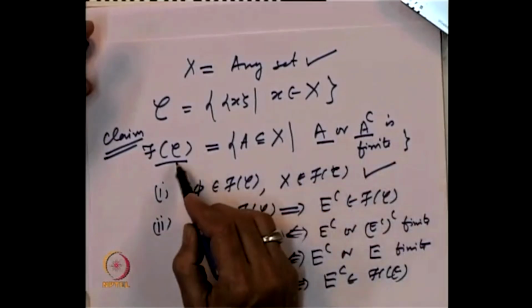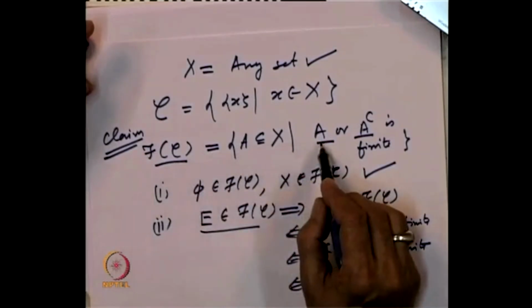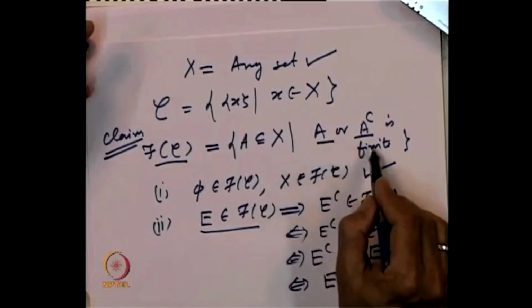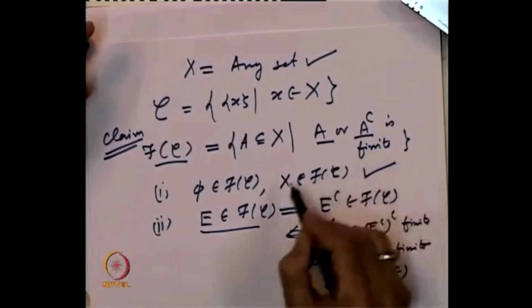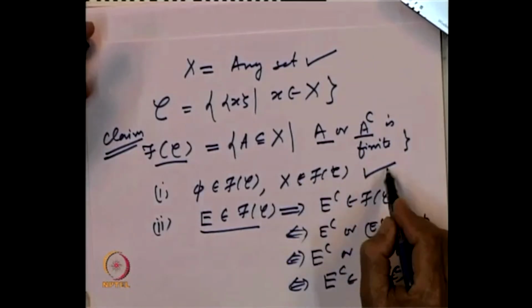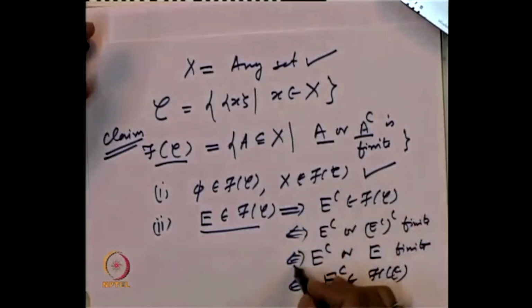So the collection f of C of all those sets for which A or A complement is finite includes the empty set, the whole space, and it is closed under complements.